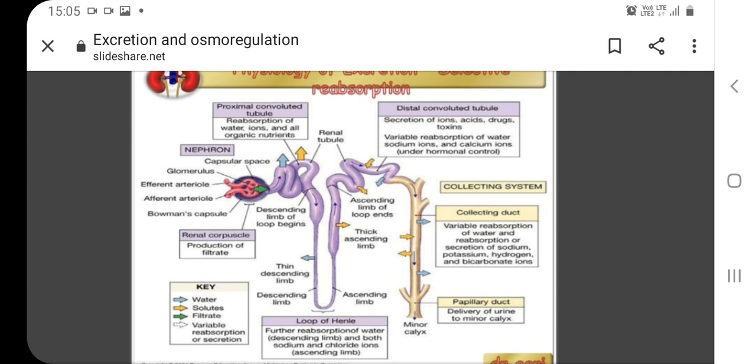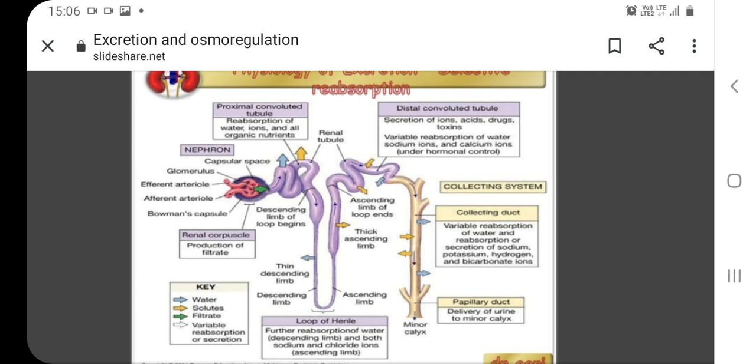a homeostatic balance. The glomerulus forces small solutes out of the blood by the pressure, and we have calculated the effective filtrate pressure, which came out to be about 10 mm.